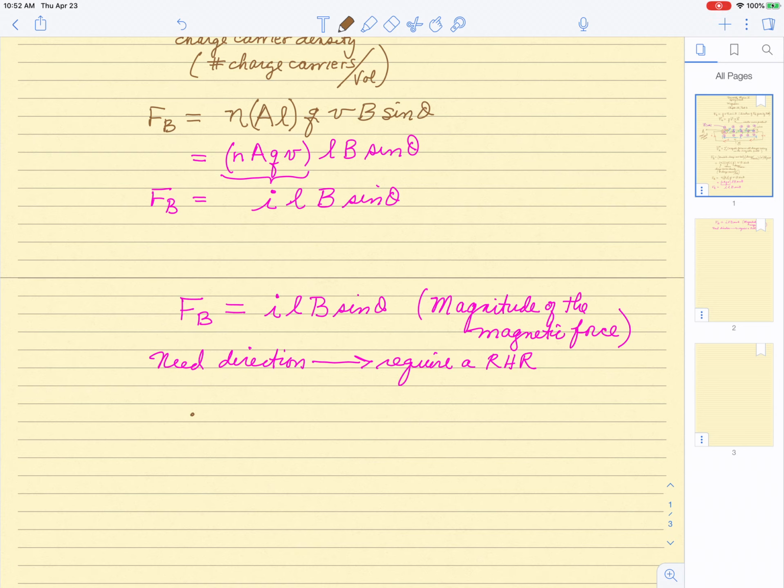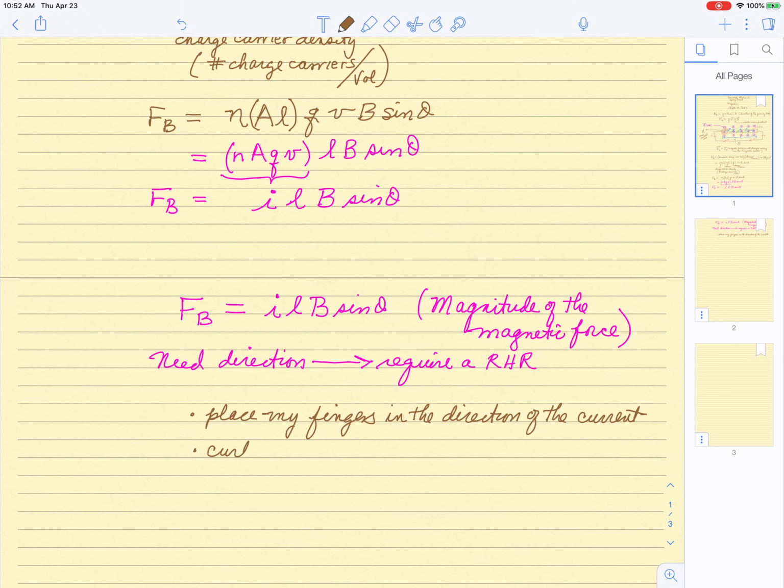So I'm going to place my fingers in the direction of the current, which is the same as placing it in the direction of the drift velocity, but on a more macroscopic scale. I'm going to place my fingers in the direction of the current.